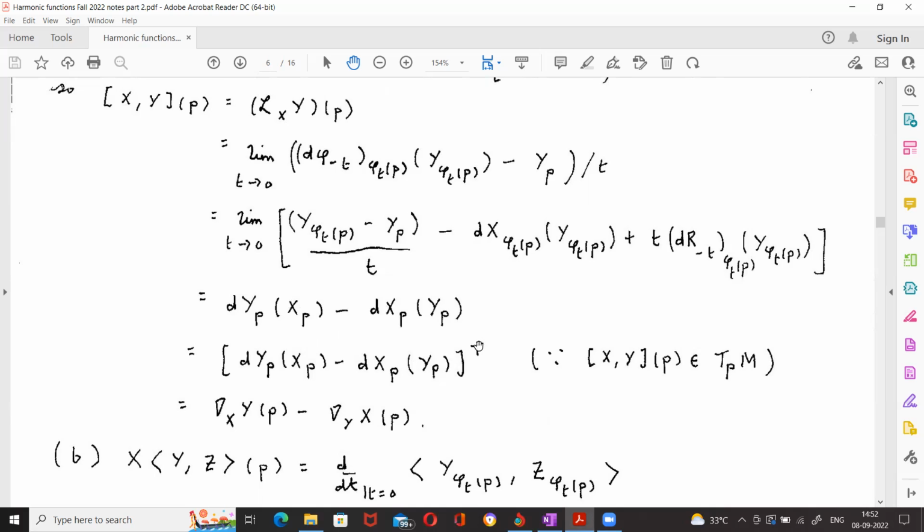So I can take the tangential component of the whole thing here. And when I apply the tangential component to the first term, what do I get? By definition this will be nabla x y at p, minus, by definition, nabla y x at p. Is this clear?